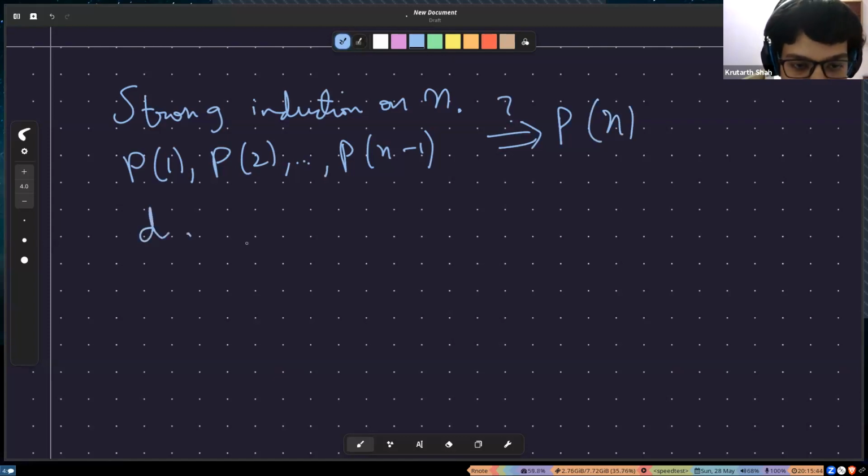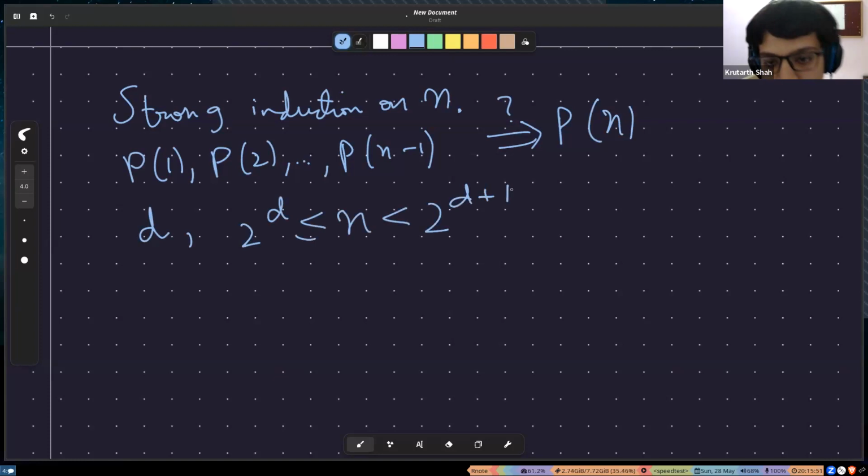So now what I'll do is I'll consider the d such that 2 to the power of d is at most n, which is less than 2 to the power of d plus 1. So it is the largest power of 2, which is less than or equal to n, basically. Actually, here I'll assume P of 0 for reasons which will become clear.